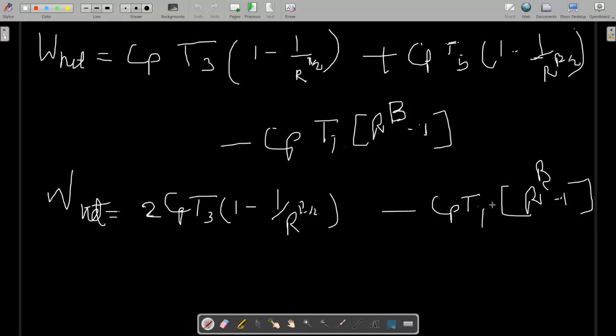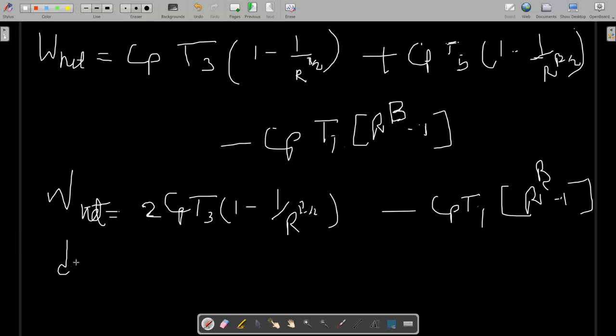T1 is the atmospheric condition that is also fixed, and here it is taken as a perfect gas, so Cp is also constant. B is gamma minus 1 upon gamma, and as this is a perfect gas, the gamma value will also remain constant, so B is also constant. So the only variable is R.